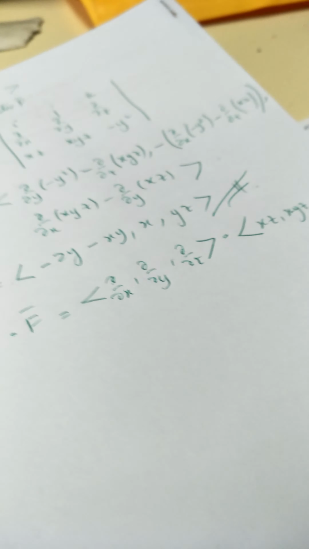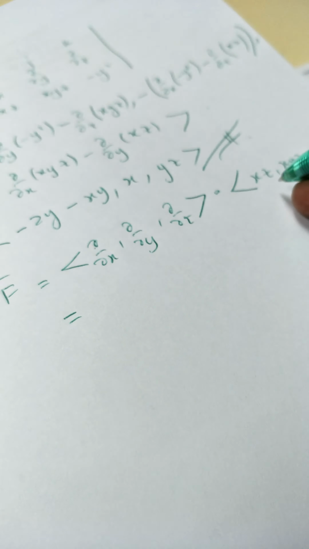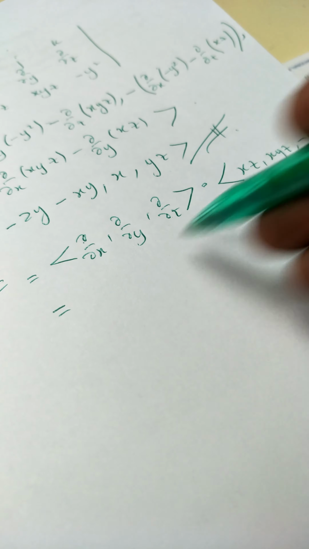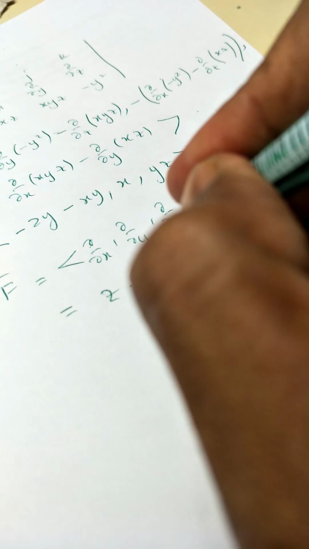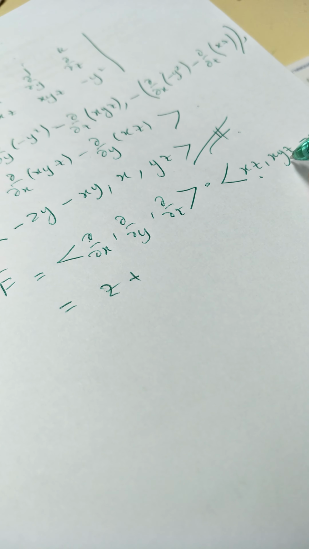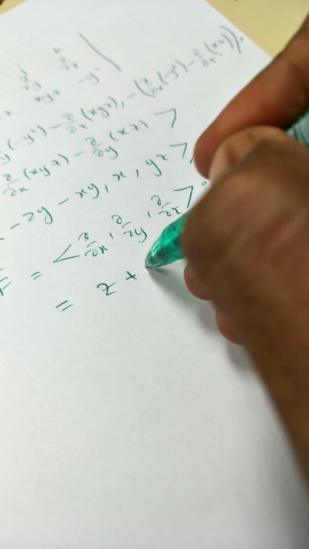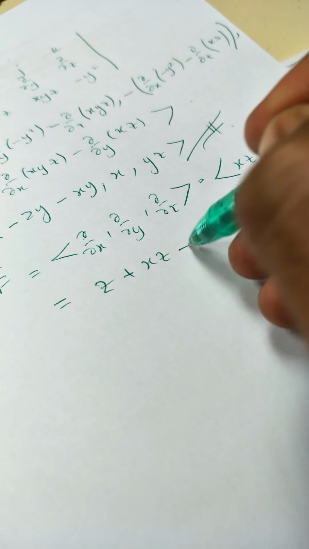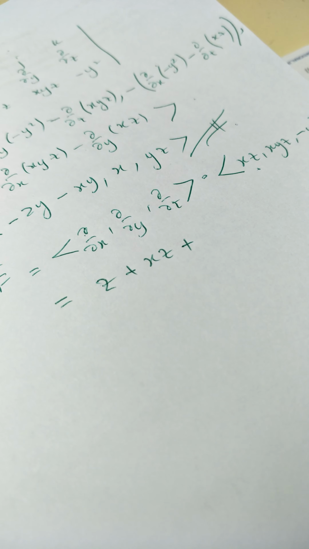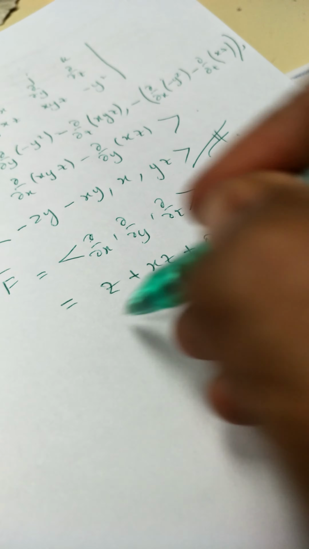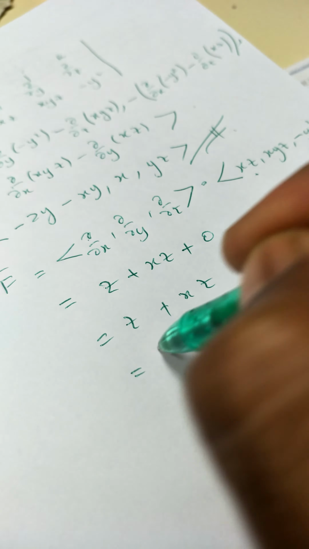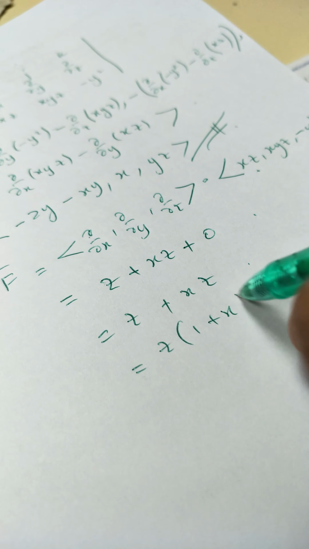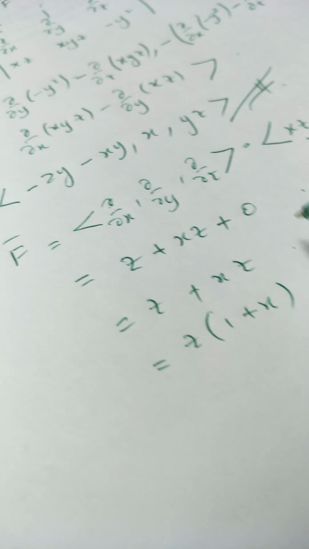Right. So if you perform this, what we have, del del x of xz, so we have z, plus del del y of xyz, that gives you xz, plus del del z of minus y squared, that gives you 0. So you have z plus xz. You can simplify if you want, z times 1 plus x.